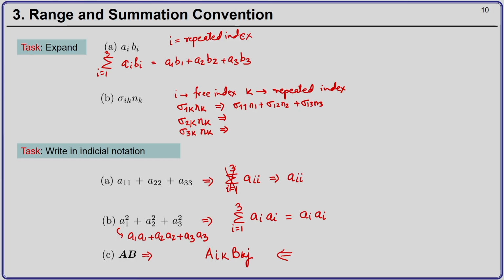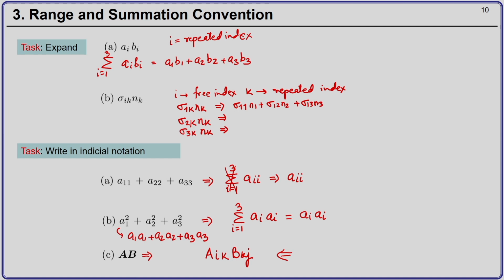So, now for the last one I leave it to you. You write explicitly all the expressions, all the terms for the product of matrices A and B, and finally reduce. So, if you have A as 3 by 3 and B as 3 by 3, you will have 3 equations with each equation having 3 terms. Okay.